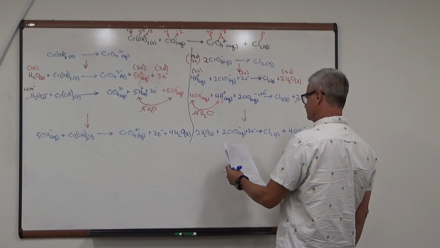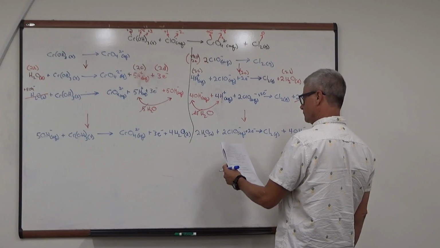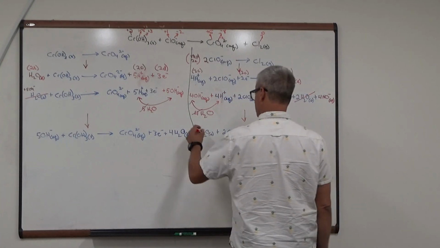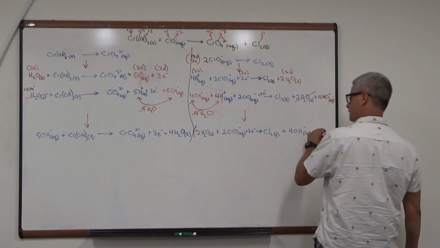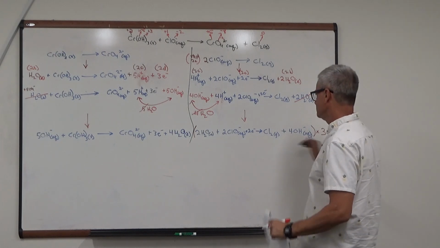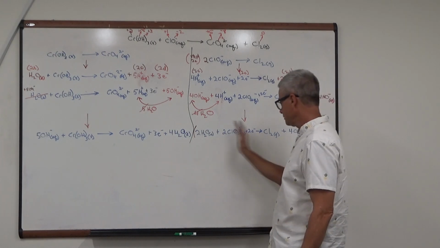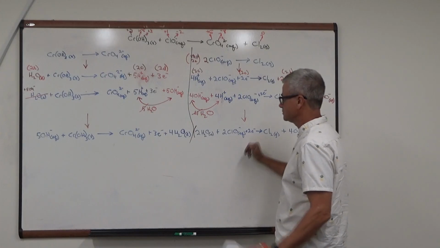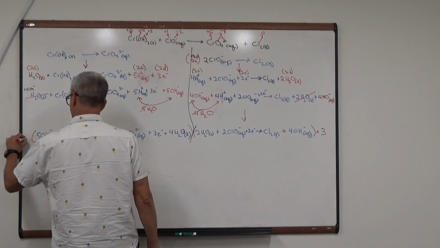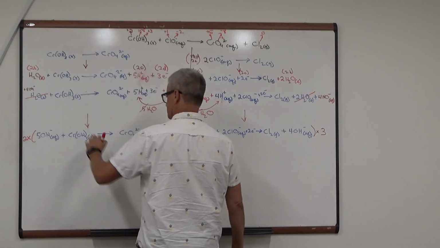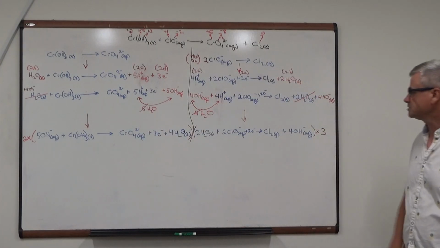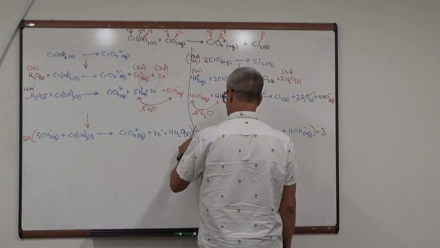So what I'm going to do, I'm going to have to multiply this whole thing by 3. That's going to change all the coefficients of everything, but it's going to make that 6 electrons. And then I will multiply this whole thing by 2. Change all the coefficients, but make this 6 electrons. So we will have balanced the electron exchange.